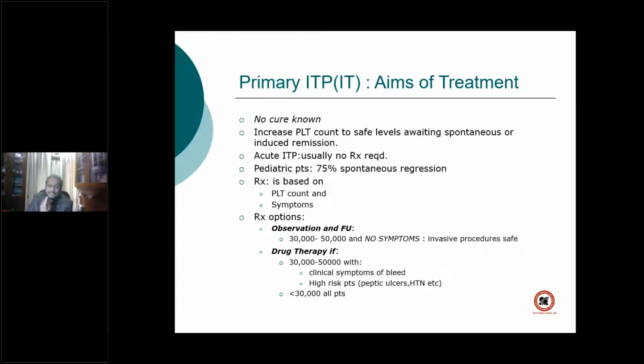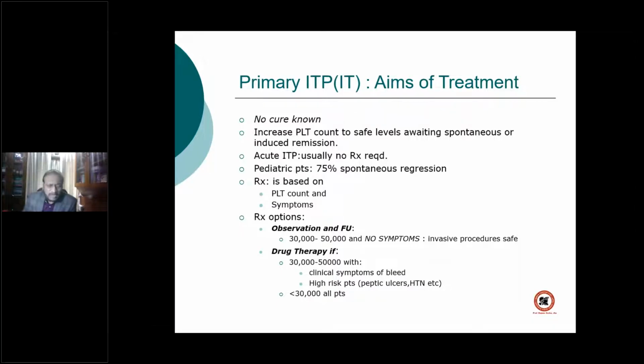Now, when you have a presentation of acute ITP, you usually do not require treatment. If it is a child, you usually do not require treatment, while 75% of them would be spontaneously regressive. But if you have a dangerous platelet count level, which I have just told you about, or the patient is symptomatic, irrespective of whether it's a child or an acute presentation, if symptoms are there, then you have to treat this patient.